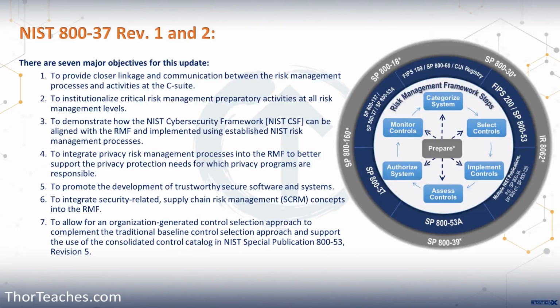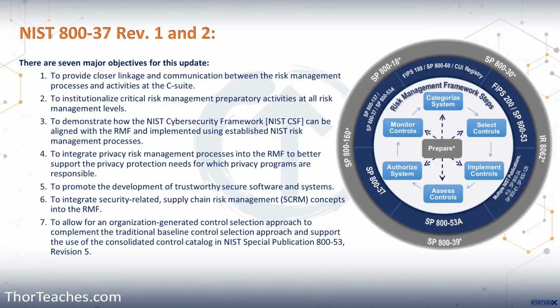But as part of our risk management, if we are reliant on suppliers, how do we ensure that we have redundancy for the things that we need? That allows our organization to implement the controls that will benefit us, as well as complement the traditional baseline and integrate it a little more with NIST 800-53.